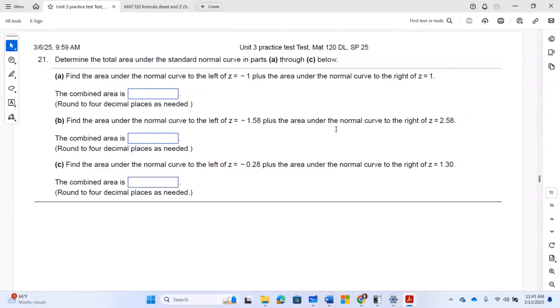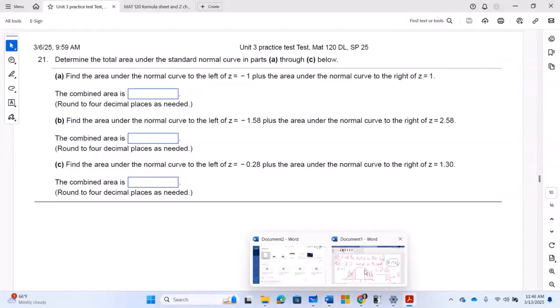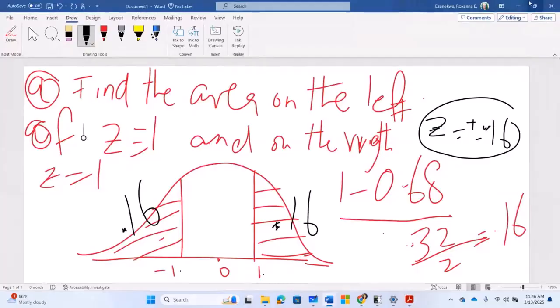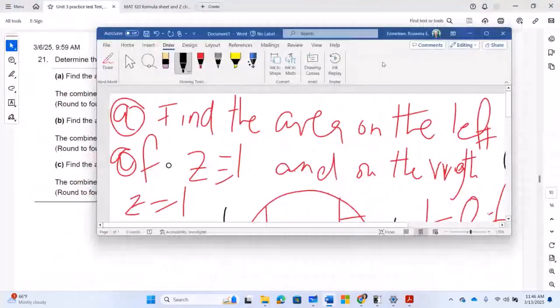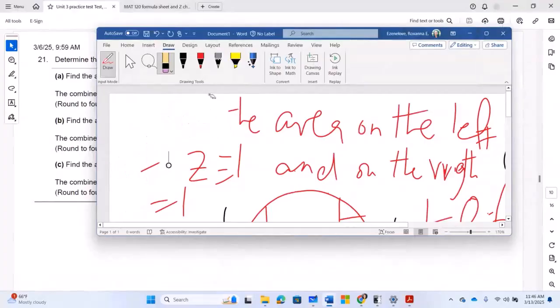So I'm going to find the area to the left of negative 1.58, and then find the area to the right of it. So let me pull up my whiteboard and clean up.